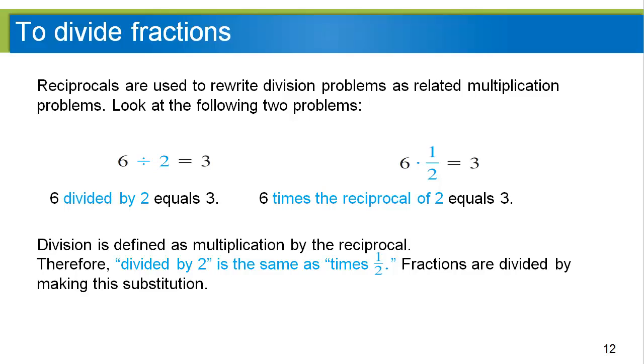We just saw how easy it is to multiply. Multiply tops, multiply bottoms, we're done. Well, 6 divided by 2 equals 3. 6 times the reciprocal of 2, which is 1/2, also equals 3. So we can see that when we're dividing by a number, it's the same thing as multiplying by its reciprocal.